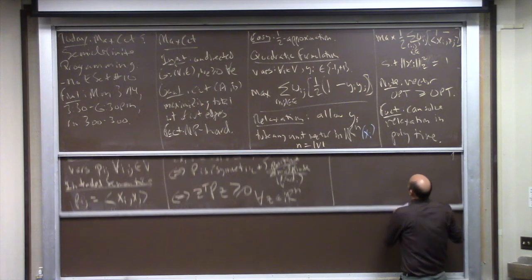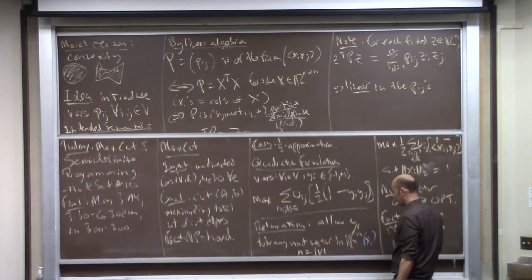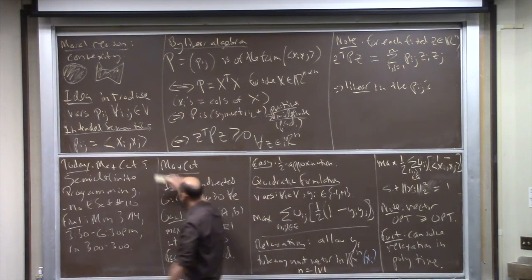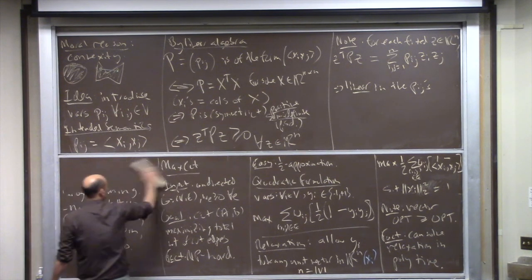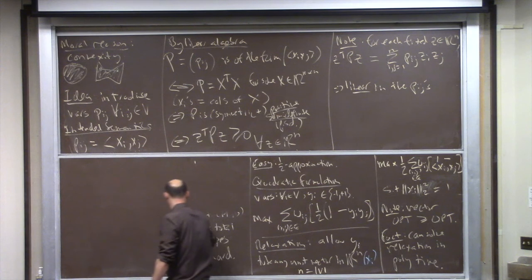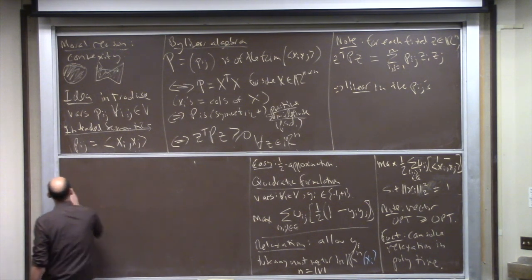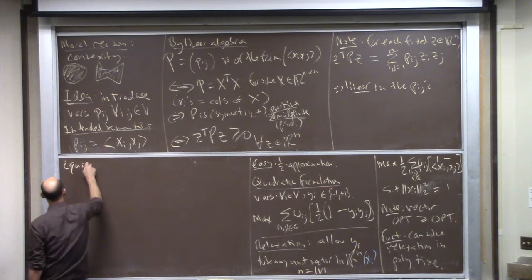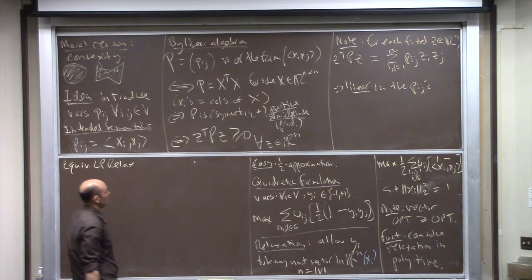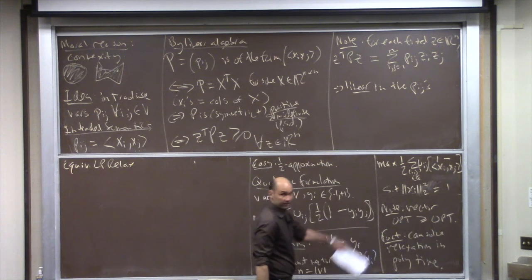All right, so let me summarize. Let's take stock of where we are here. Summarizing the discussion thus far, we have a linear programming relaxation, which is equivalent to our vector relaxation.